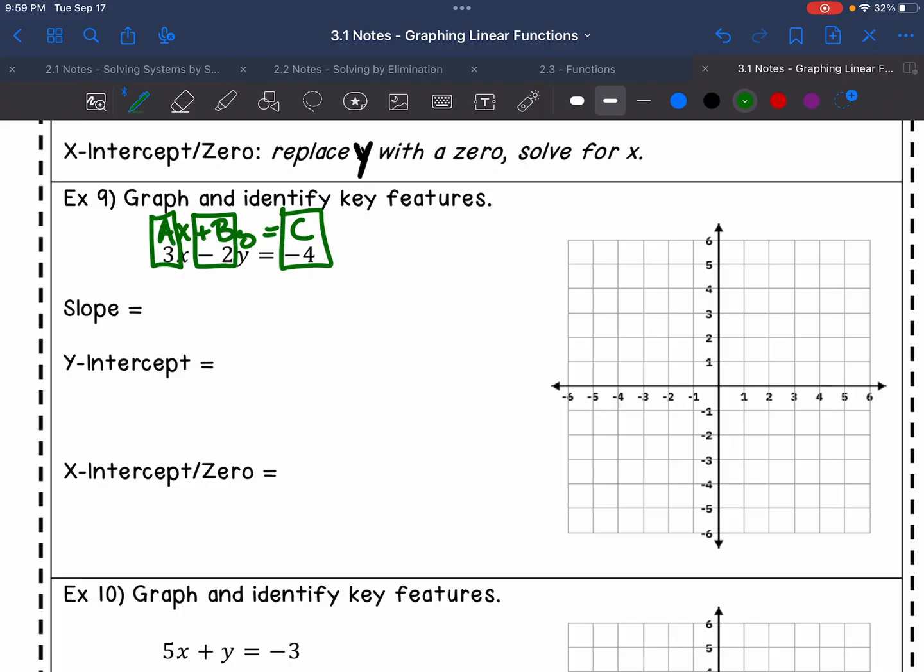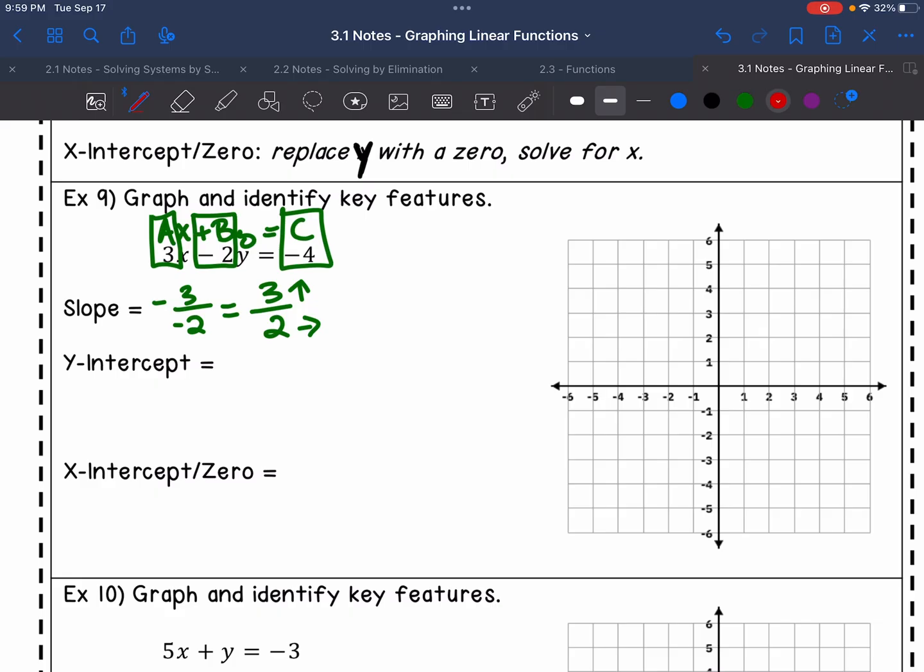So our slope is negative a over b. So negative 3 over negative 2, which means this is just positive 3 over 2. So we're going to be going up and to the right.